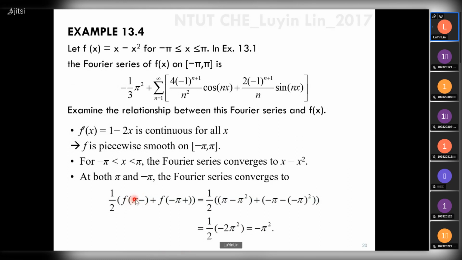So put pi into x, you have pi minus pi squared, right? How about this one? You can ignore this. Just have minus pi. So bring minus pi inside, you have minus pi squared, right? After calculation, you get this value.